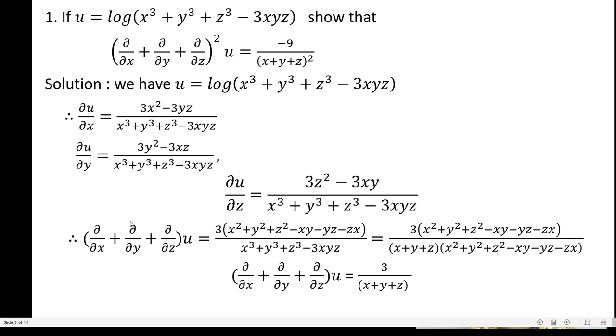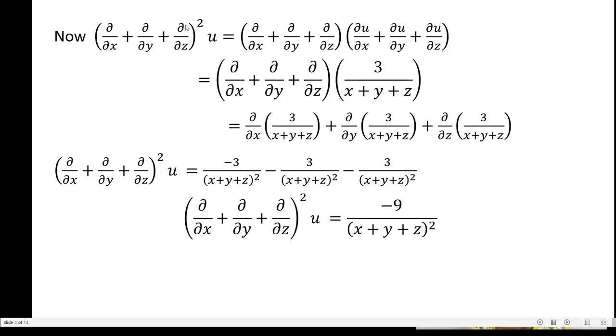This is del by del x plus del by del y plus del by del z into u. We require del by del x plus del by del y plus del by del z whole square into u. This can be written as del by del x plus del by del y plus del by del z into del u by del x plus del u by del y plus del u by del z.